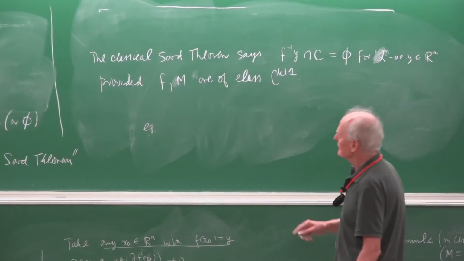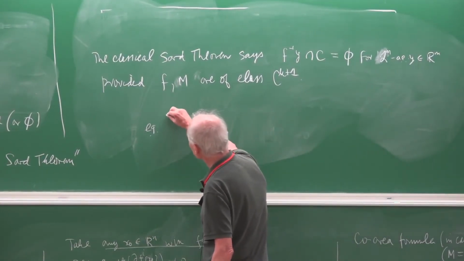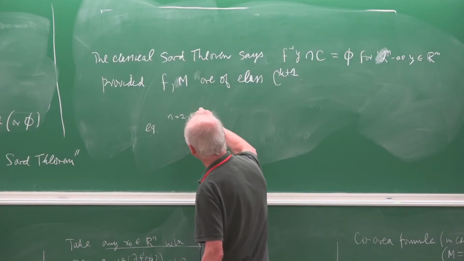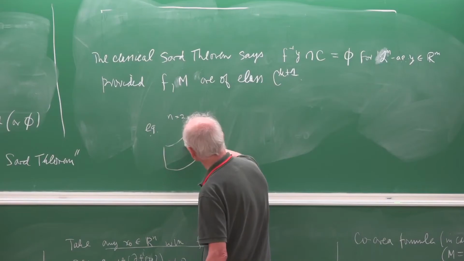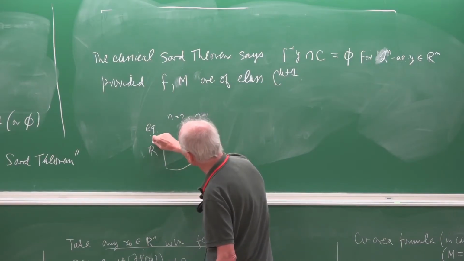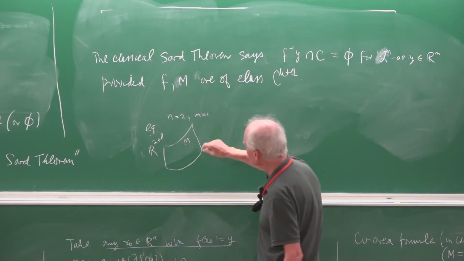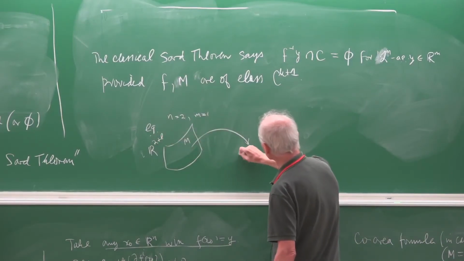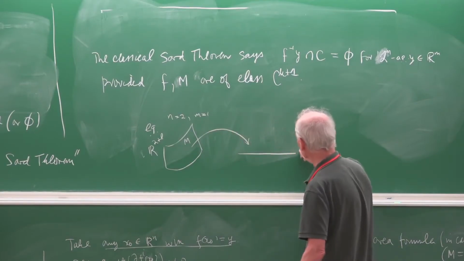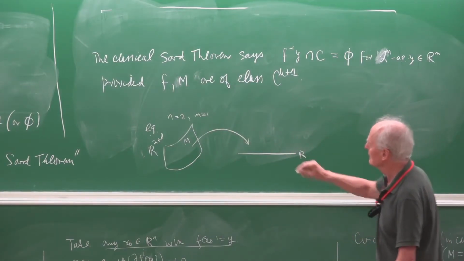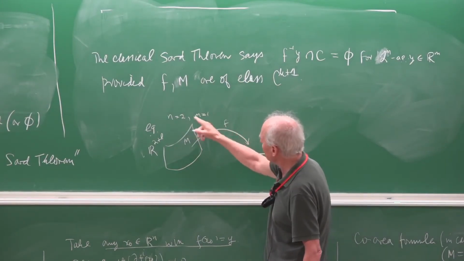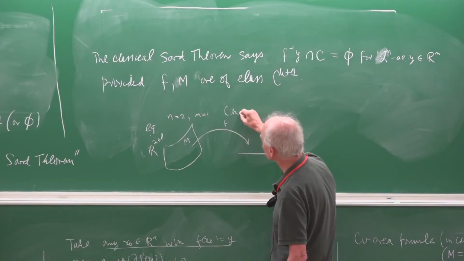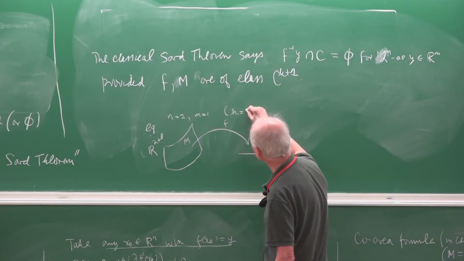For instance, if n is equal to 2 and m is equal to 1, then you're mapping a two-dimensional surface in some Euclidean space, R2 plus L, and F is mapping into the real line, M equals 1. Now what does it require? What's K in this case? K is always N minus M, so in this case it's 1.